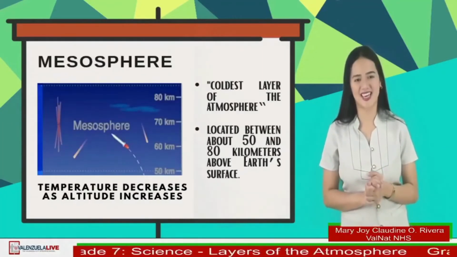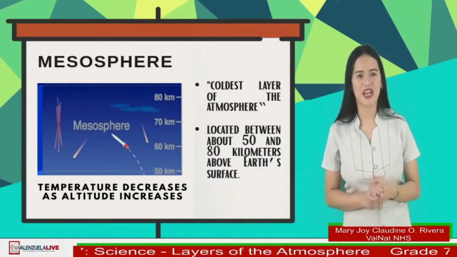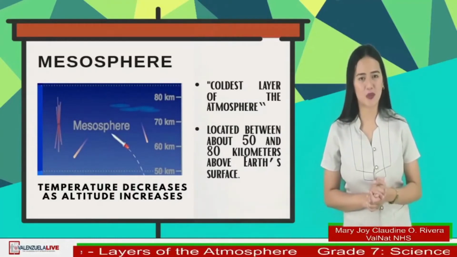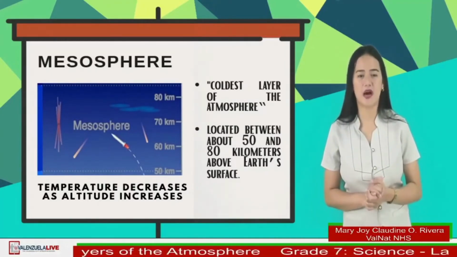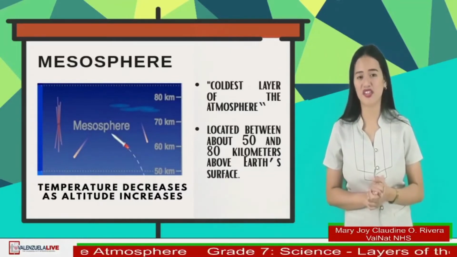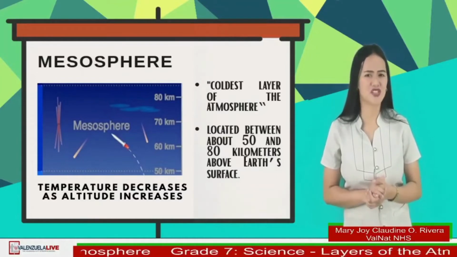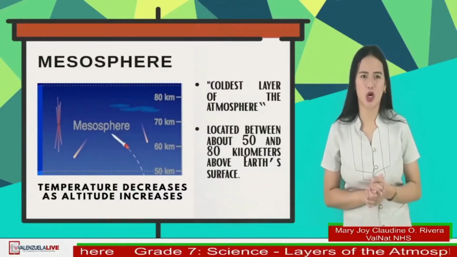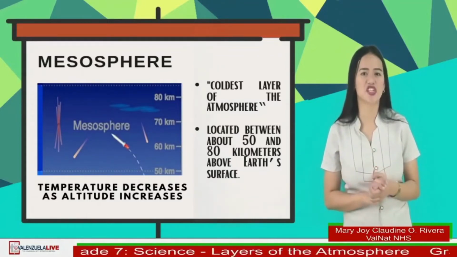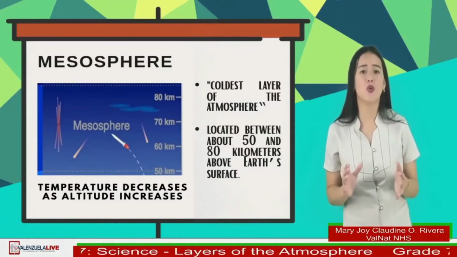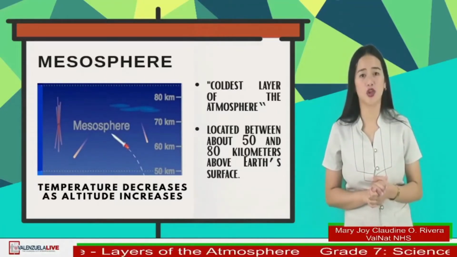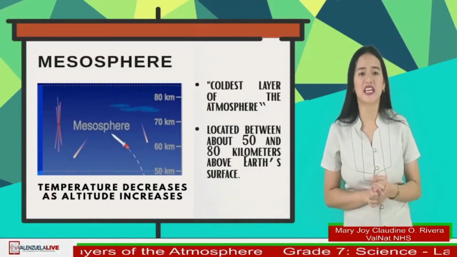After which is the mesosphere. It is the coldest layer of the atmosphere. It is located between 50 and 80 kilometers, or 31 and 50 miles above Earth's surface. The mesosphere gets progressively colder with altitude. In fact, the top of this layer is the coldest place found within the Earth's system, with an average temperature of about -85 degrees Celsius.